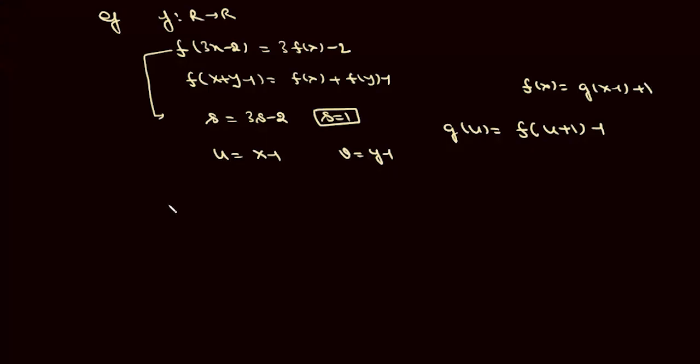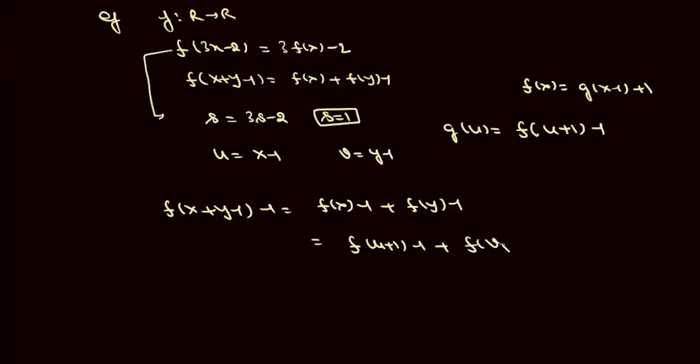Now for this additive equation, we can write f(x + y - 1), and we'll subtract 1, it'll be f(x) - 1 + f(y) - 1, and we'll put x as 1 + u. So it'll be f(u + 1) - 1 + f(v + 1) - 1, and here it'll be f(u + v + 1) - 1.